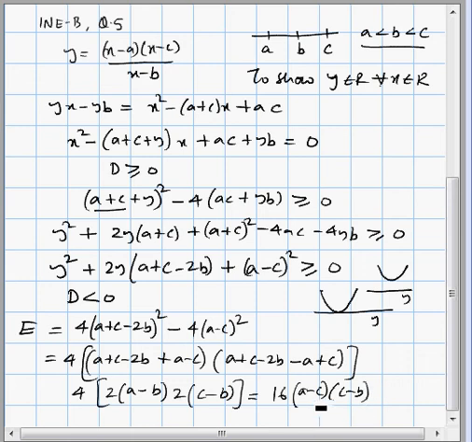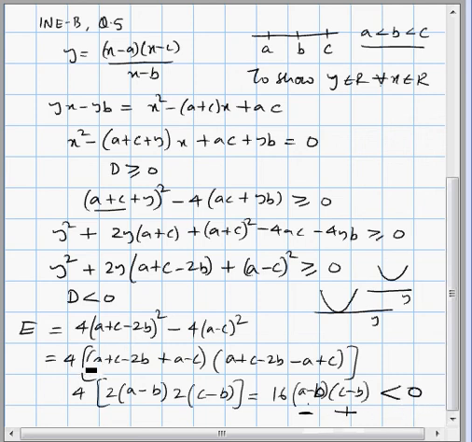Now you can see a minus b is negative, because a is smaller than b in ascending order, and c is the greatest, so c minus b is positive. The product of negative and positive is negative, so this is less than 0.